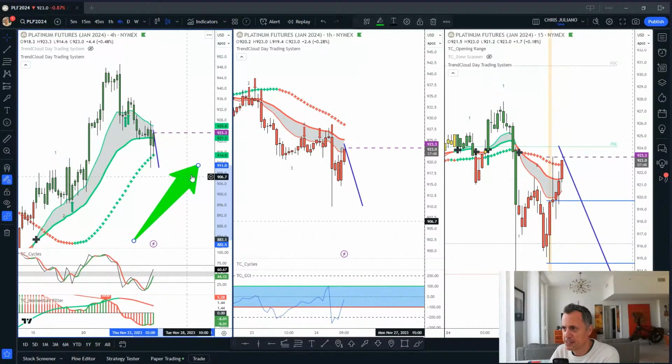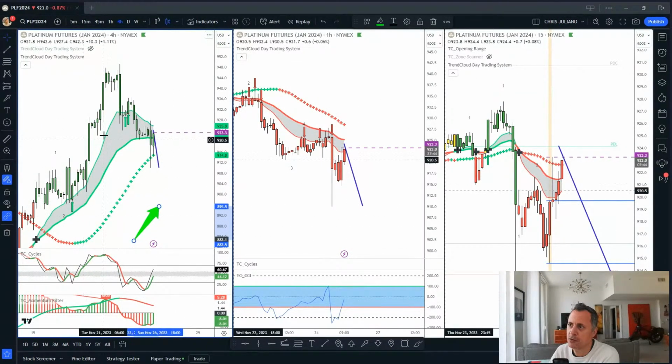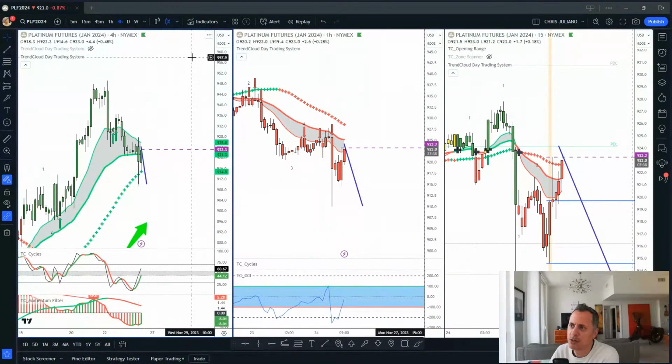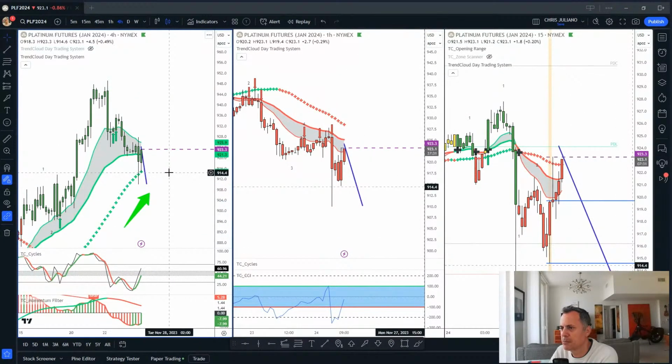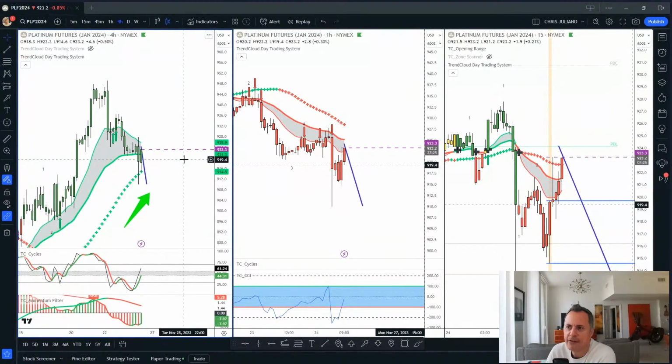Because it's still early, isn't it? 1, 2, 3, pull back 4. We have one more wave to go. It pulled back kind of deep, but the trend is not extended. Therefore, the context of this thing, we have to just assume is still up.